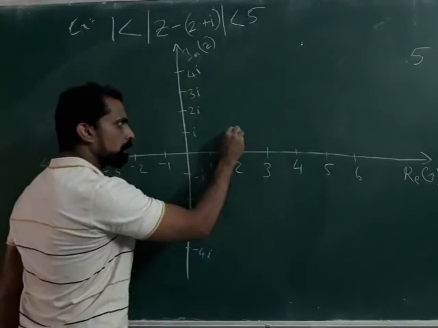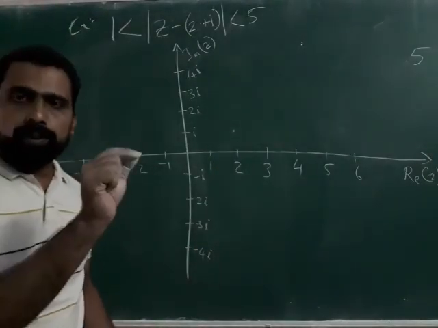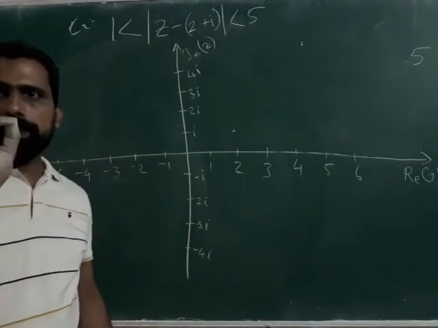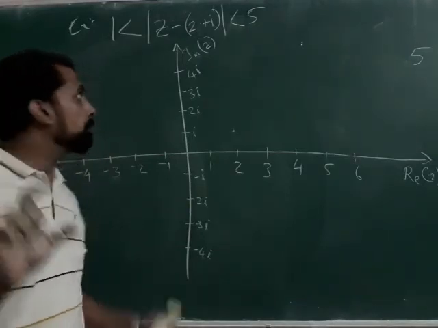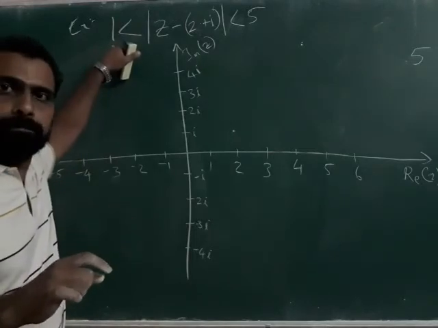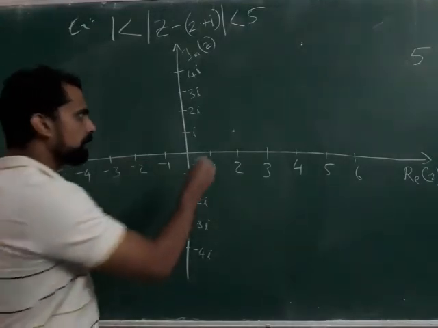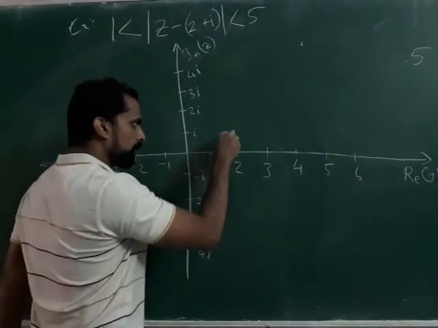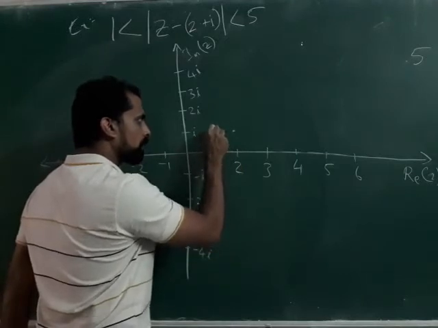Now you have to draw a circle with radius 1 surrounding this point. So this is 1 unit, so it will exist obviously here and it will go like this.